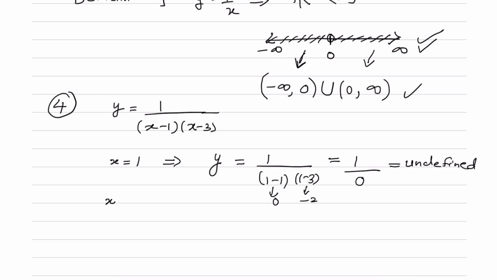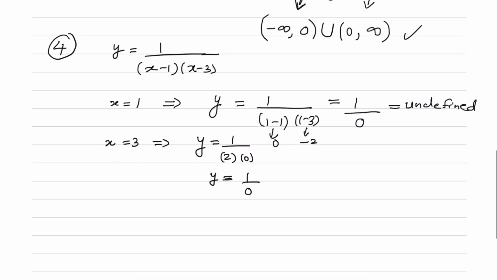Also when we plug in x equal to 3, we get 1 over (3 minus 1)(3 minus 3), which is 2 and 0. So again we got y as something undefined. In this case again we say that x equal to 3 should not be part of the domain because it gave us an undefined y.